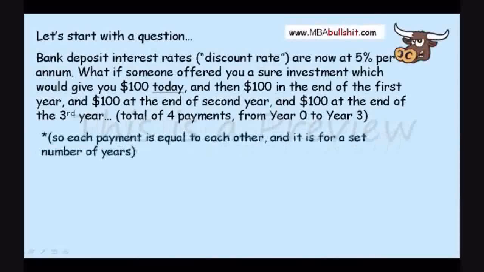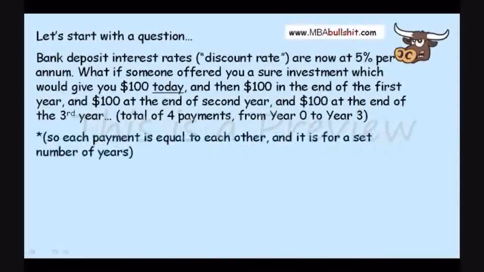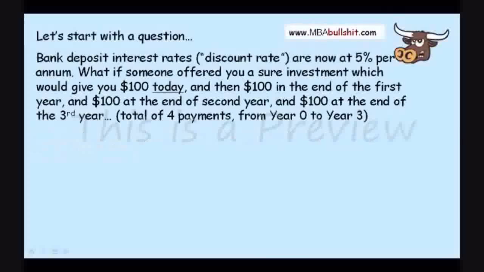So each payment is equal to each other and it is for a set number of years. Now you remember from the simple present value of an annuity, or the present value of an ordinary annuity, if you call it that, the payments start at year 1 and it would probably go until year 4, and you need to find out the value at year 0.